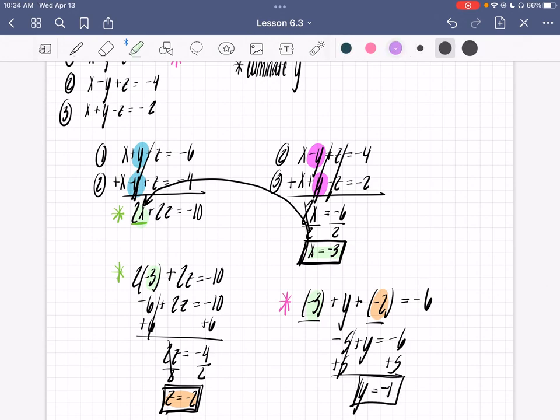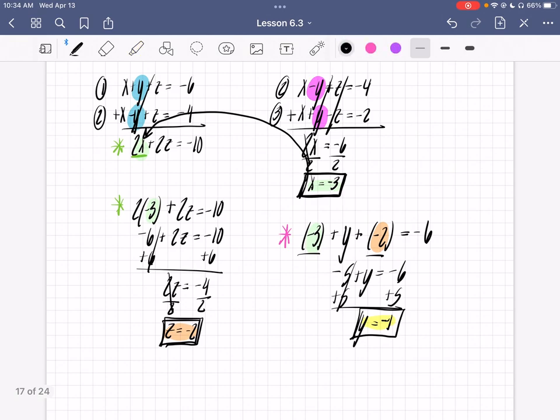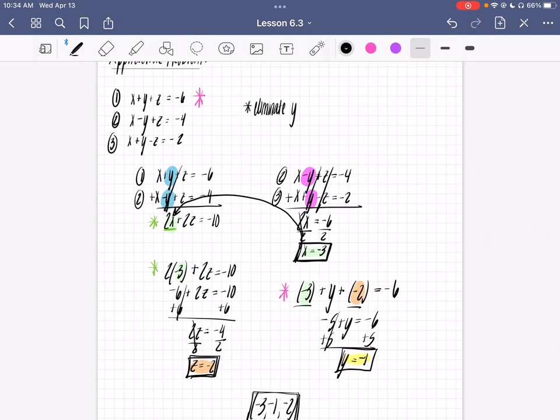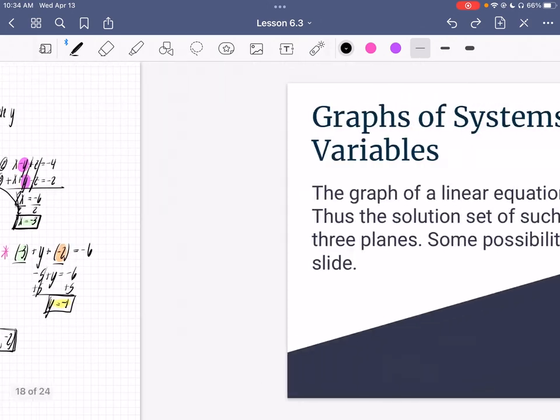Okay, and so now, let me use a different color here. I've got my ordered triple, so x, comma, y, comma, z. That is my solution. Okay, and we're not going to check here, but again, you could plug these back into all three of your original equations and just make sure that they do work.